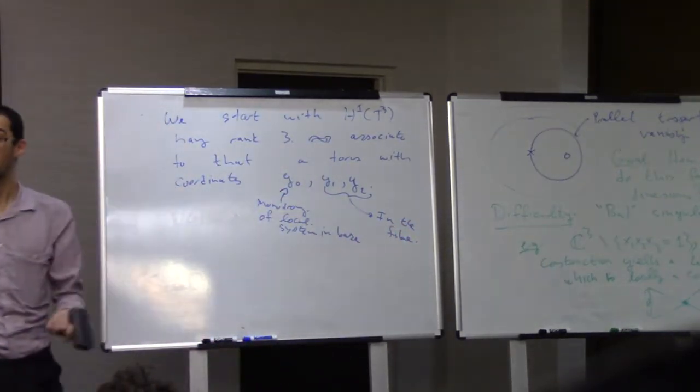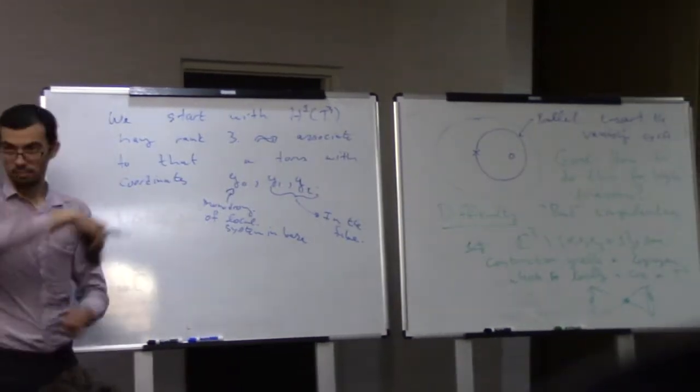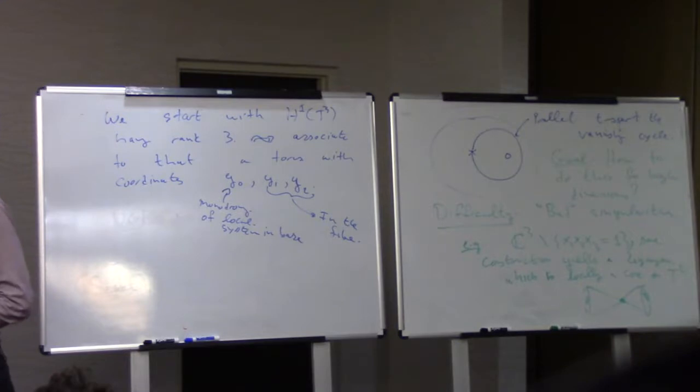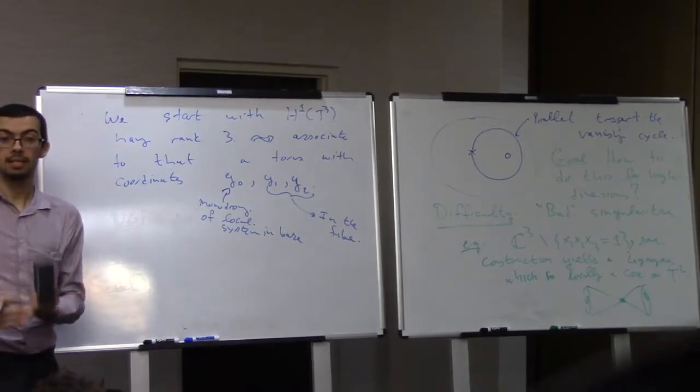The H1 corresponds to rank 1 local systems. So they wind around the base and wind around the fiber. And now, the first claim is that, in fact, if you have an object of the Fukaya category, then y0 must equal 1.